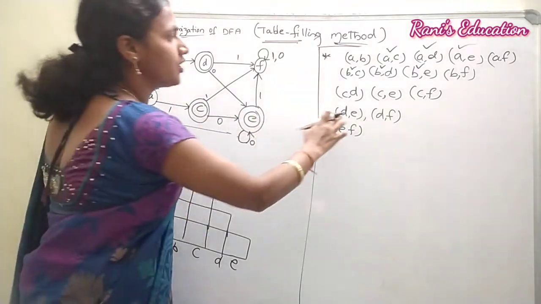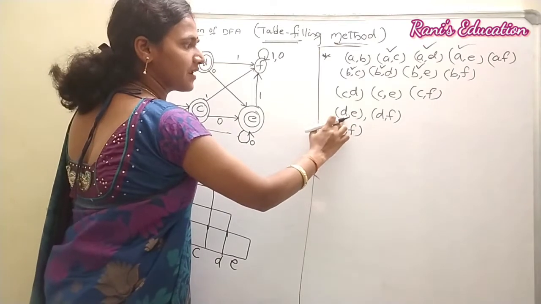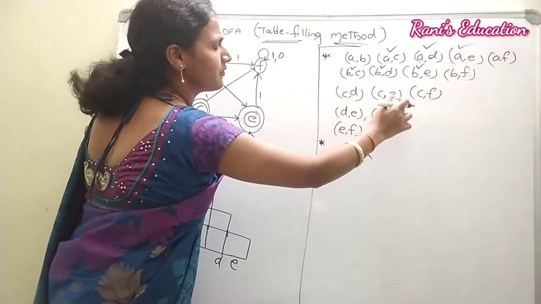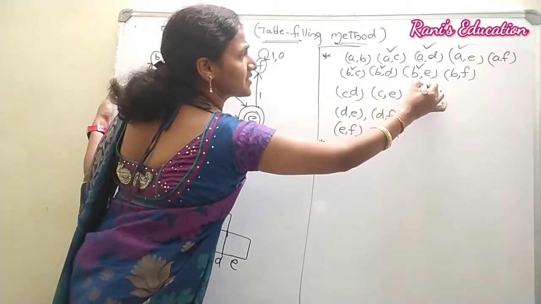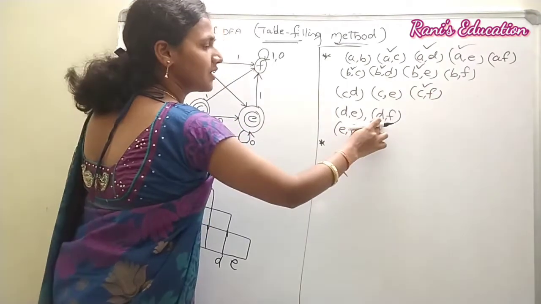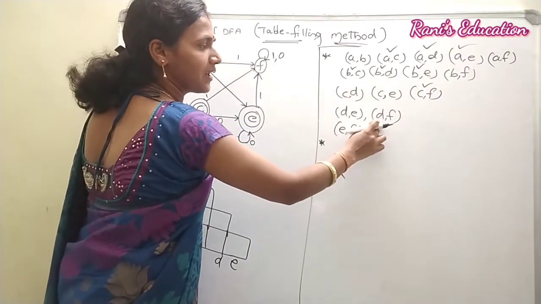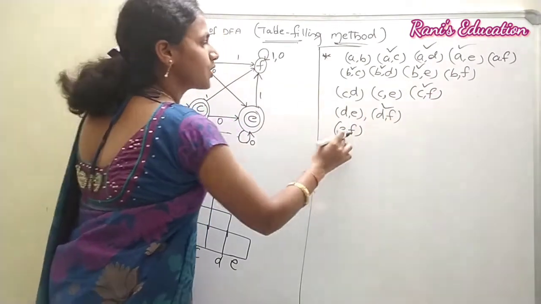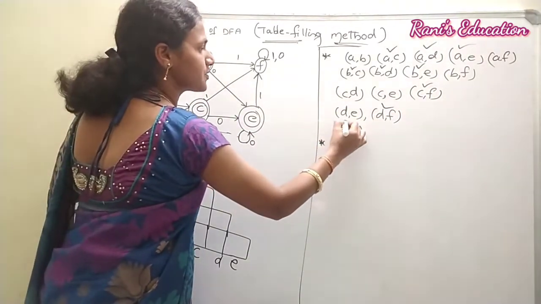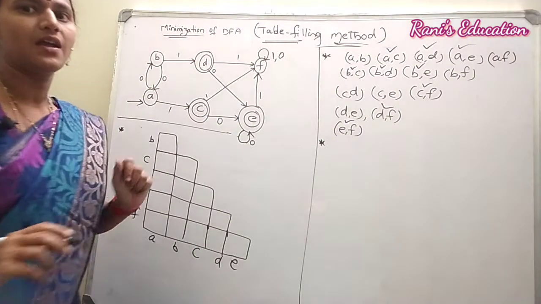Go for D. D is final, E is also final, so which is not applicable. Then with respect to C, CF is applicable. Why? Because C is final, F is non-final. With respect to D, D is final, F is non-final. So go for E and F. E is final, F is non-final, which is also to be marked in the table.